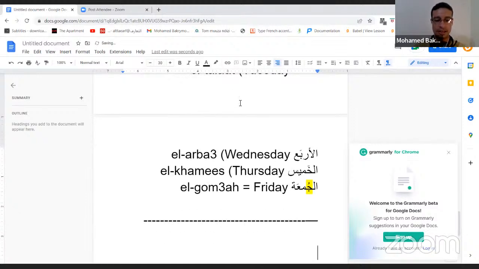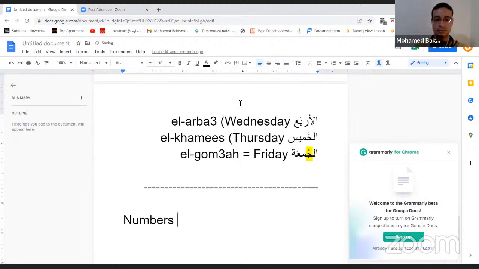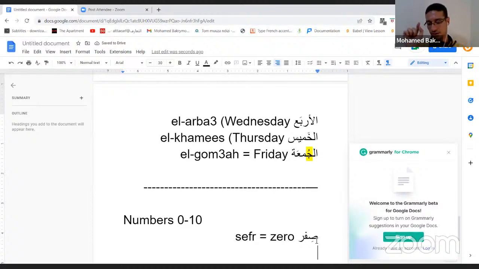The next thing is numbers from 0 to 10. 0 is صفر. صفر means 0. I have here this small line under the صاد, like صفر.